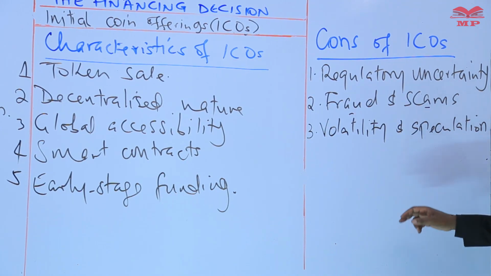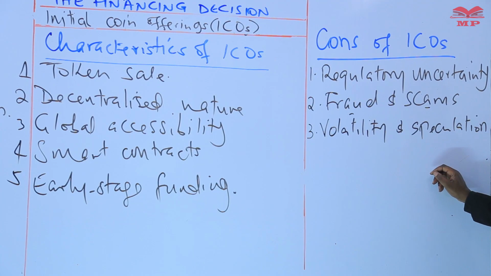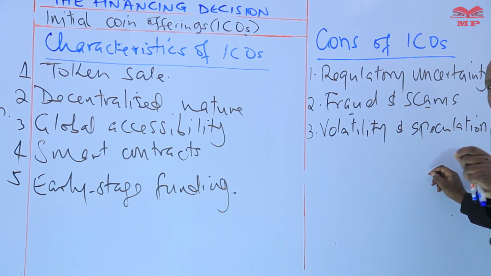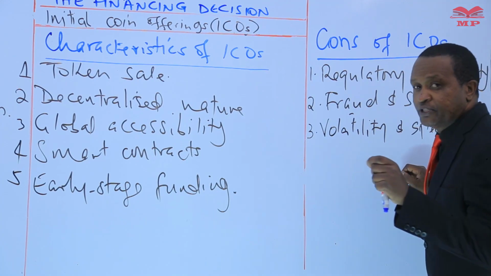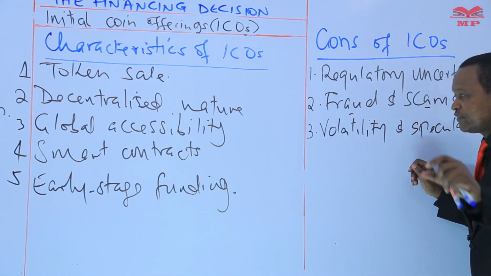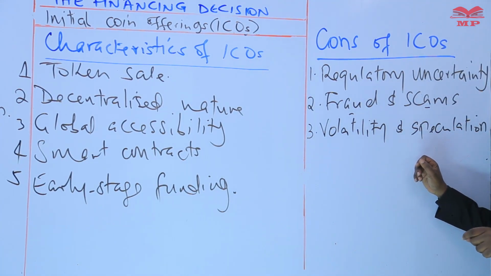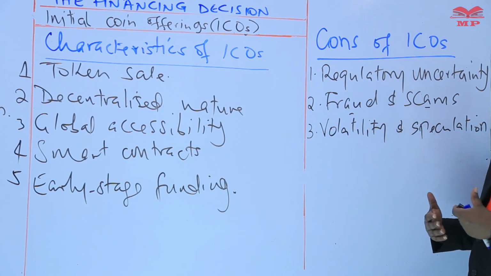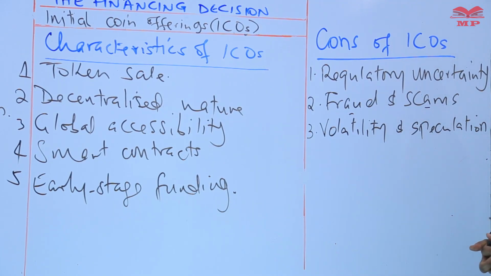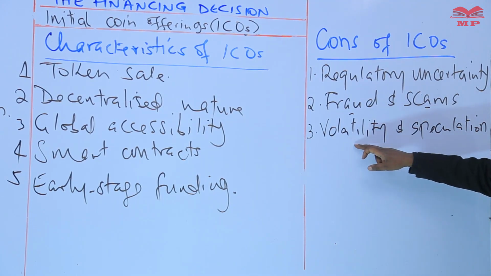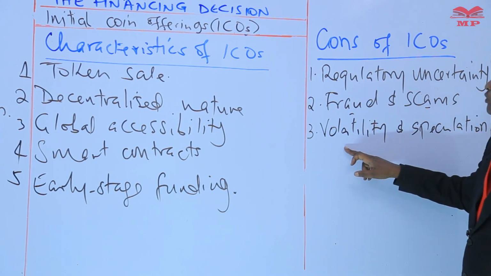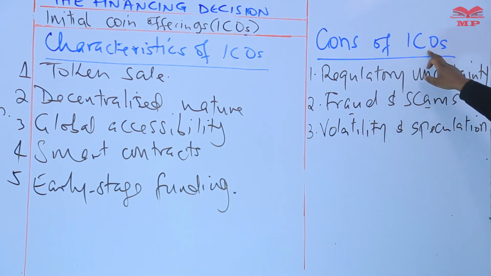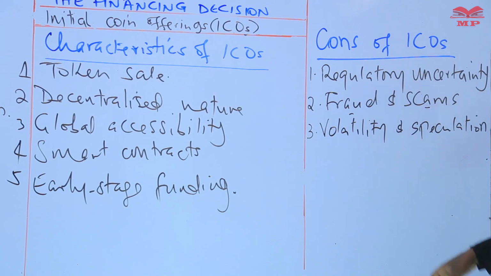Because ICO markets can be highly volatile, meaning that the value of tokens may experience significant fluctuations, and speculative behavior is common in the cryptocurrency space. So there is high volatility and speculation when dealing with initial coin offerings.